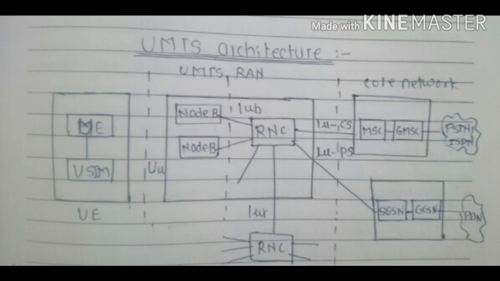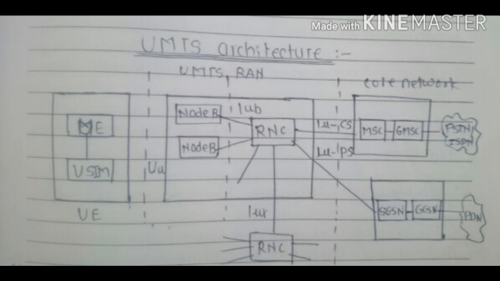Next is the congestion control. The RNC allocates bandwidth to each node in the network in cyclic fashion. It also regulates the quality of service. Next is the encryption and decryption.